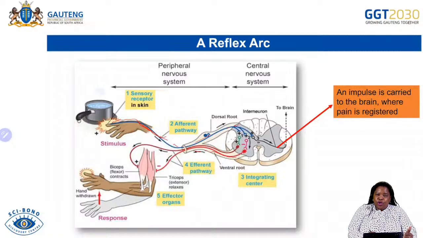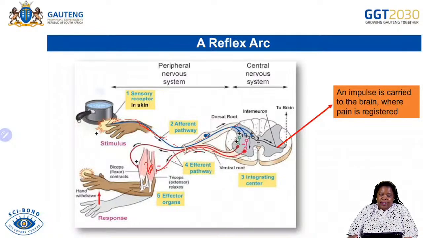Remember, the motor neuron is the efferent neuron. The motor neuron transmits impulses from the central nervous system, the brain and the spinal cord, to the effector muscles or to the glands.